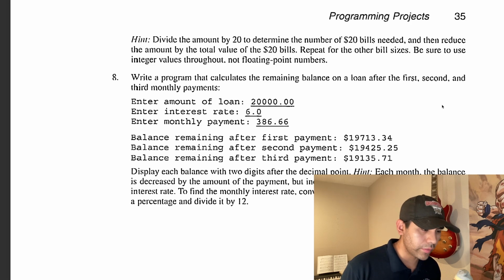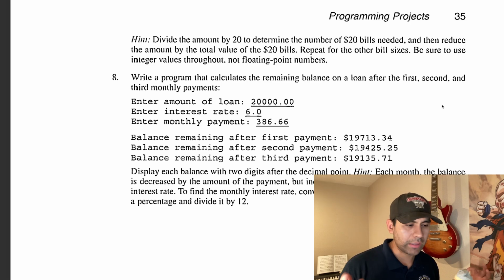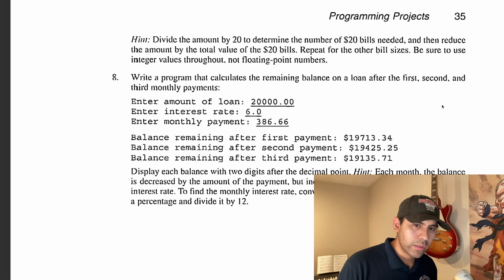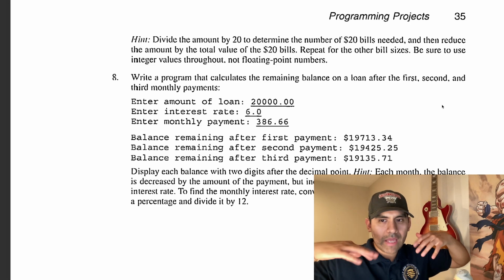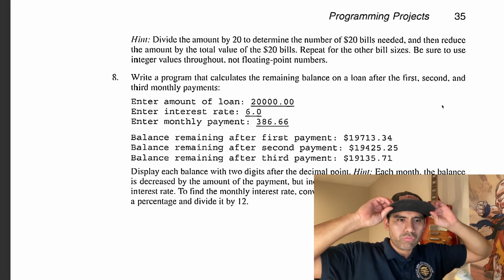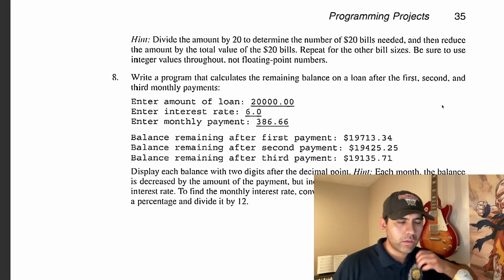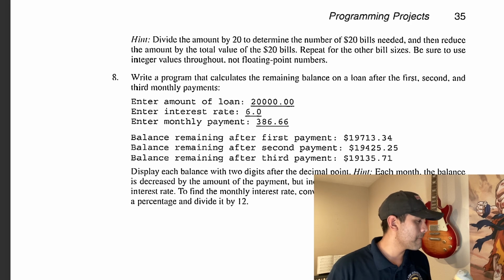So we need a monthly interest rate and balance. So the loan amount. Okay, got it. The loan amount, the annual interest rate, and monthly payments. So the interest rate they input is for the annual, right? Annual, 12 months. Okay.